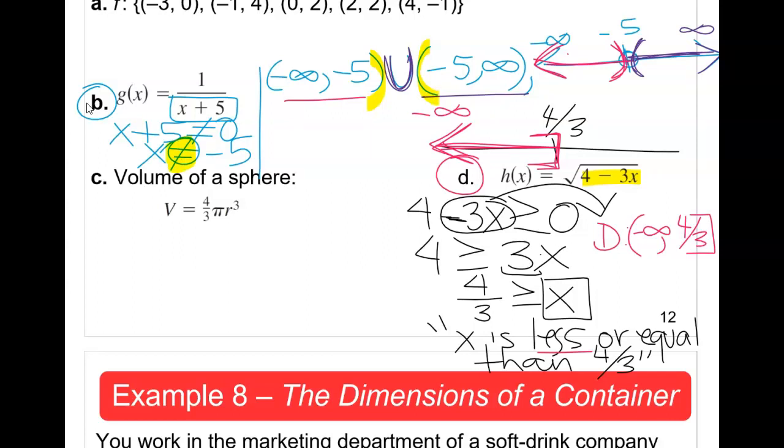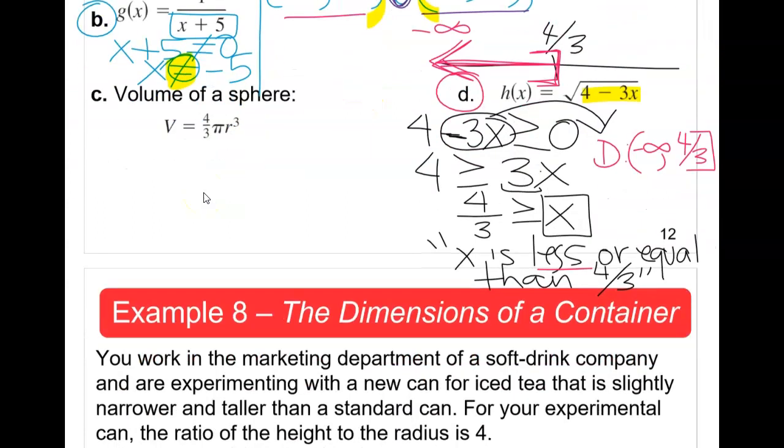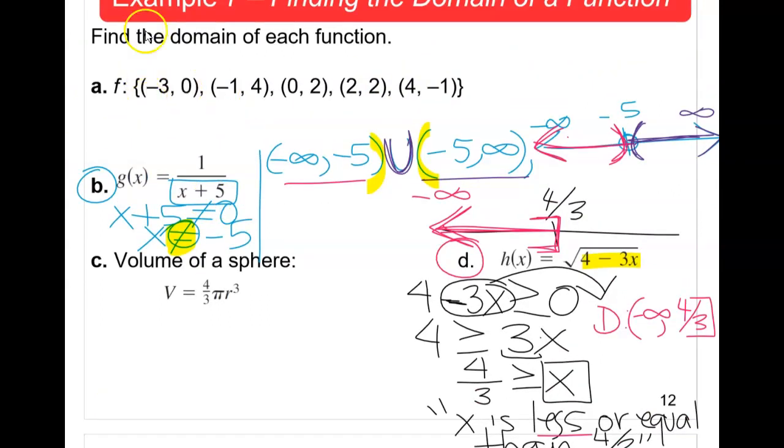Okay, the first one is like the easiest, so let's get that taken care of. So the domain of this function is going to be the set of all x values that we see. And in this case, because we have specific points, we could refer to this function as a discrete function.